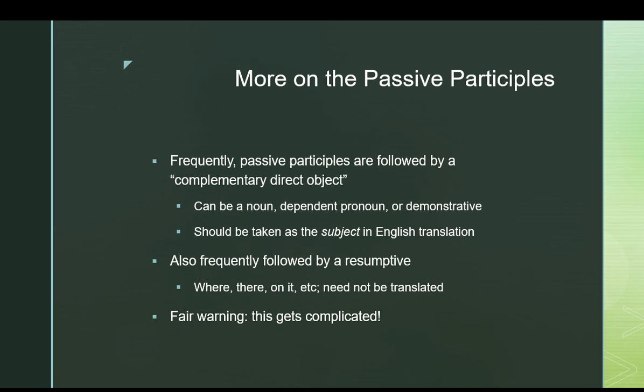So, with Jed, if Jed took a complementary direct object of some noun, the king, whatever, then that would become the subject. It would be the king was saying or would say.